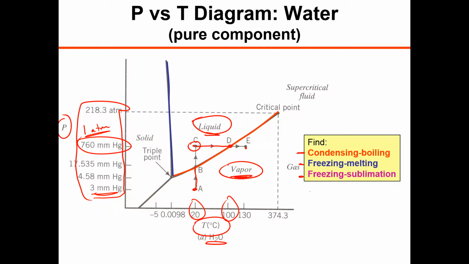Now this is the solid to liquid, the freezing melting line, and then we also have a freezing sublimation. So at very low pressures for water, we can go directly from a vapor to a solid, or a solid to a vapor. This is just a pressure versus temperature diagram.